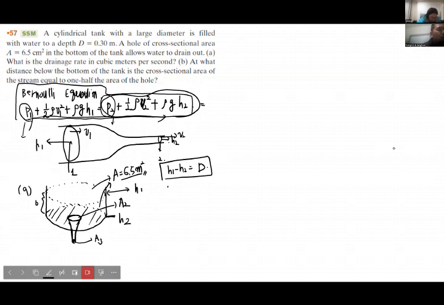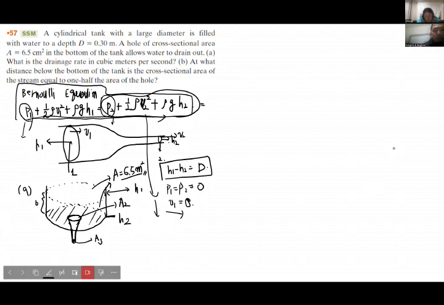So with that idea, when the water drains out of the hole, there's no velocity at the top of this tank, but the bottom of the tank should have some amount of velocity. So you can express this with the condition P1 and P2 equal 0, and V1 also equals 0.